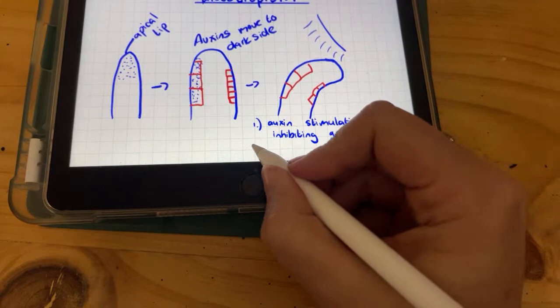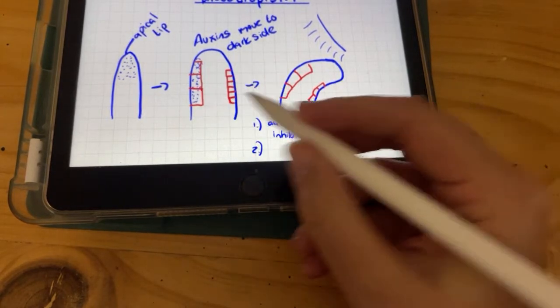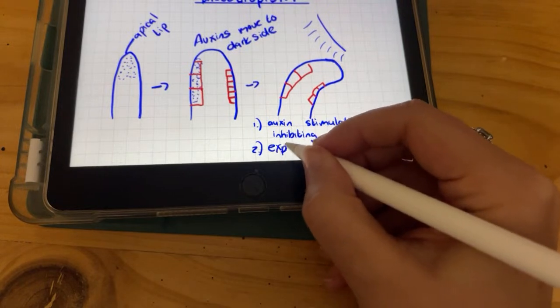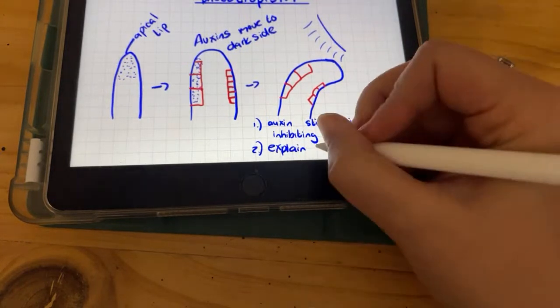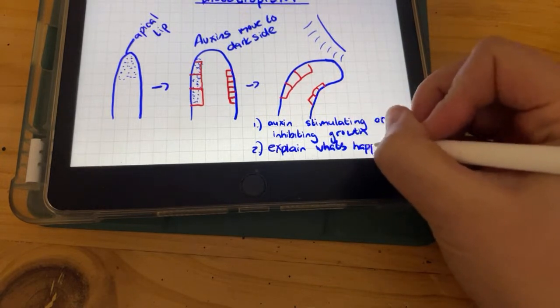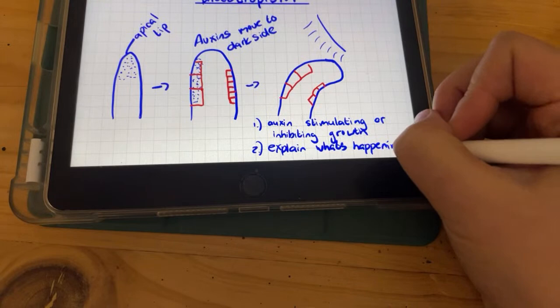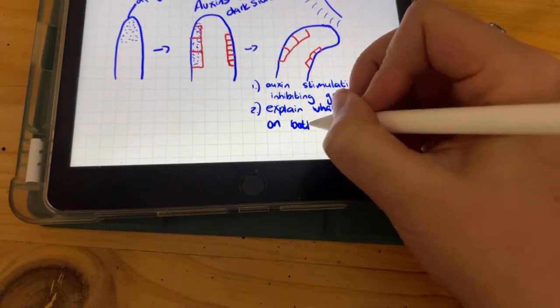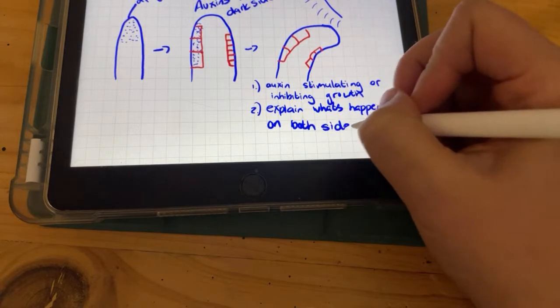The second thing you always need to do is tell me what the cells are doing on both sides. And what do I mean both sides?